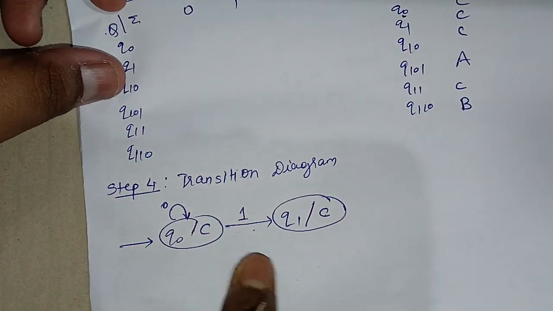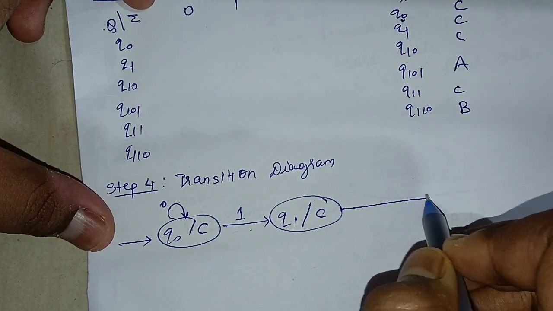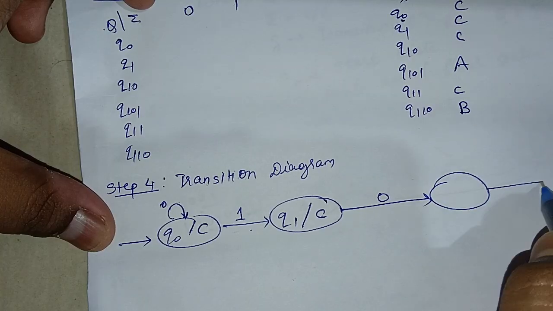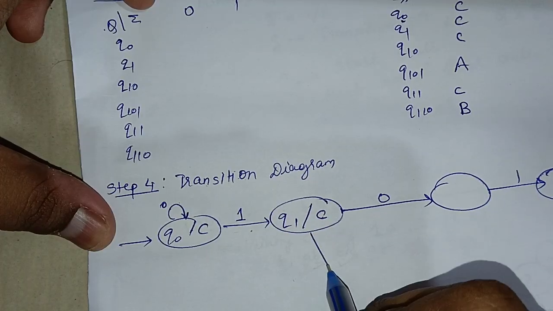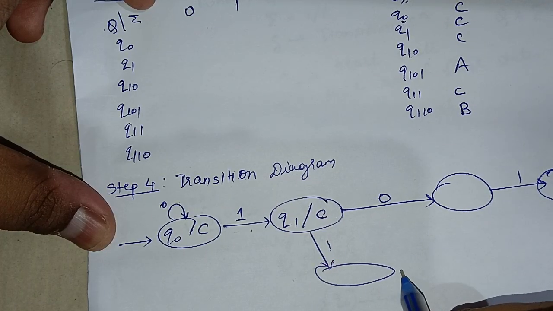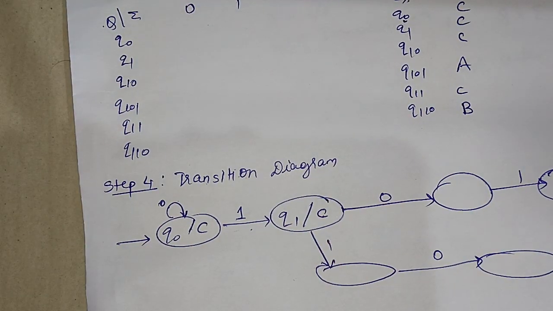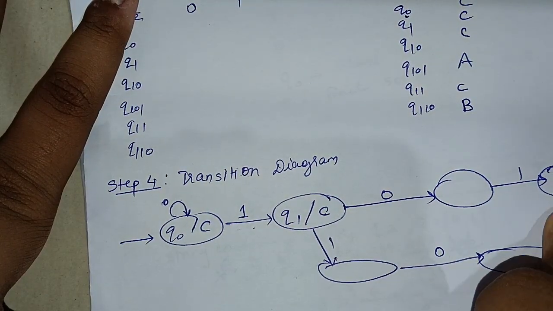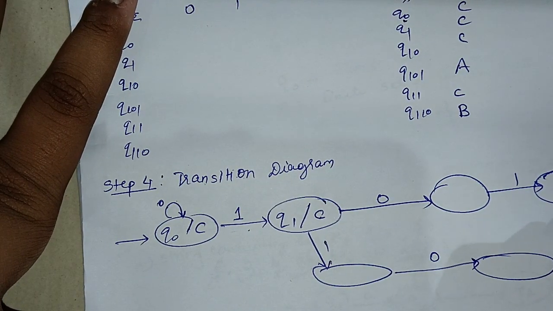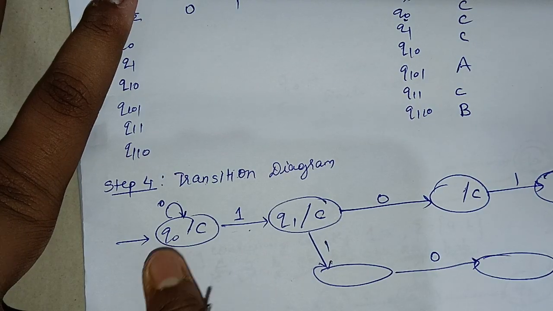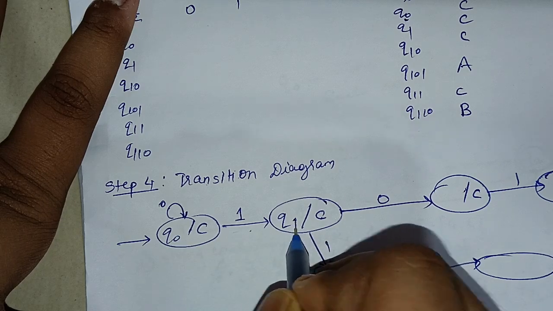It is 110 or 101 or another combination. Now see, if it is 101, I will choose this. If it is 110, I will make another branch 1, and then I will make 0. Now if it is 101, what will be the output? It should be A. Otherwise it should be C. When it receives 1, it is going to Q1.